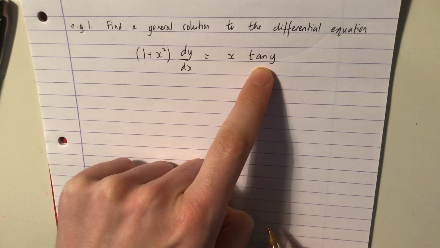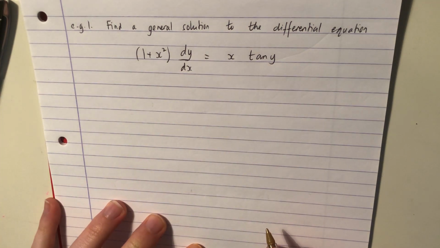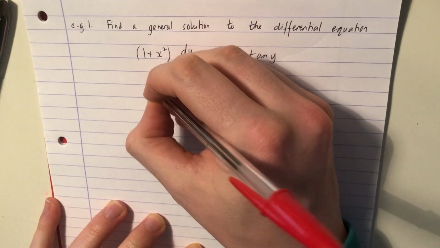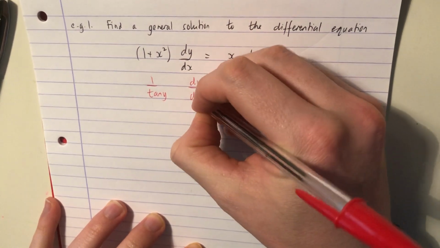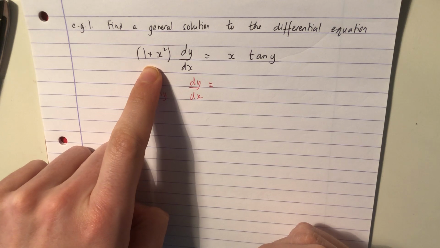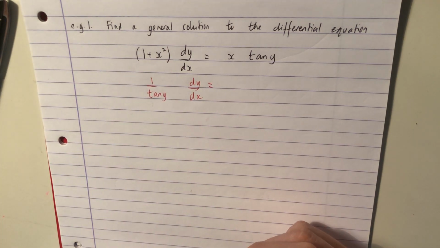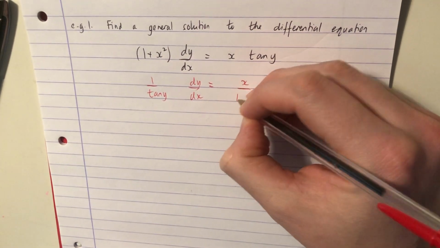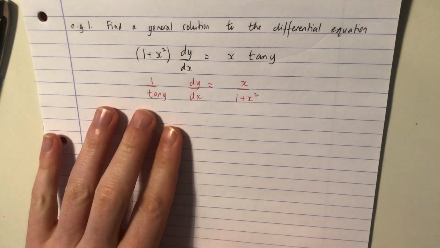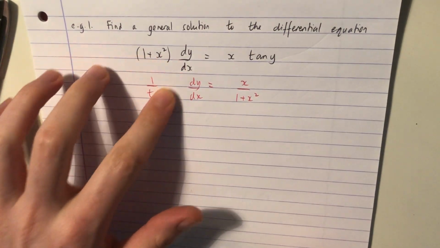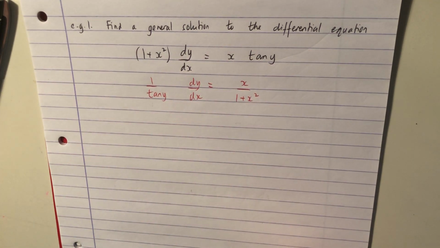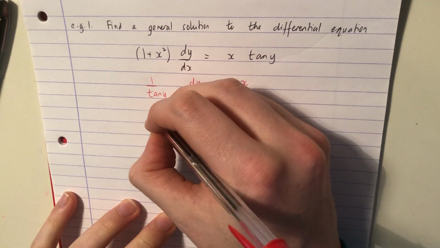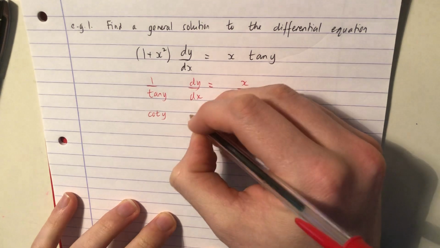So I have to divide by tan y, so that would be 1 over tan y, dy by dx, and I'd have to divide by 1 plus x squared, x over 1 plus x squared. And now I've got a function on the left just containing y's and a function on the right just containing x's. I don't really like the look of 1 over tan y, so I'm going to rewrite that as cot y, dy by dx.